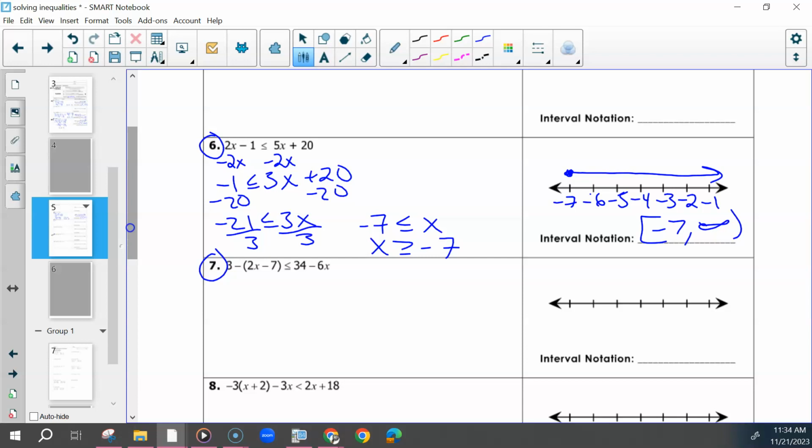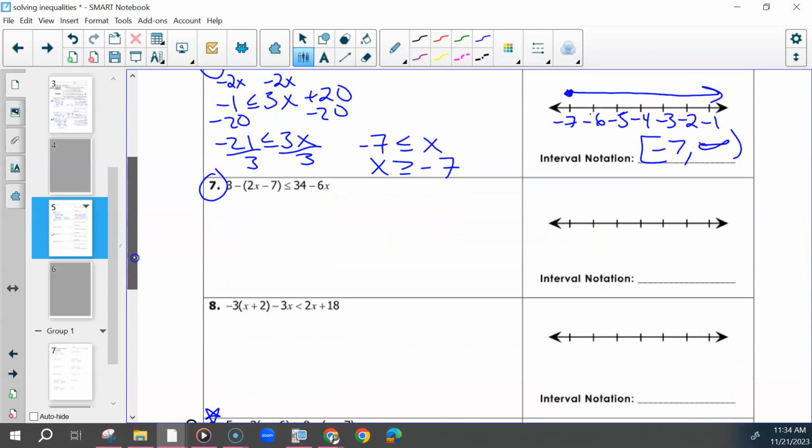Okay, and then let's do number 7. Alright, so for this one, we want to distribute on this side first. So 3 minus 2x plus 7 is less than or equal to 34 minus 6x. Combine like terms on the same side. So the 3 plus 7 becomes 10. Then you have choices.